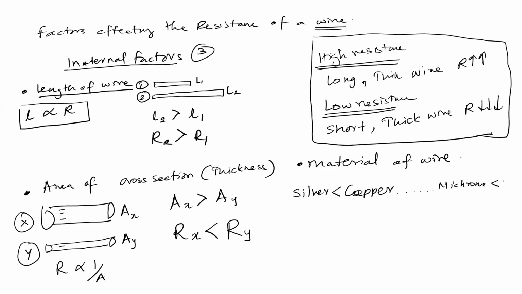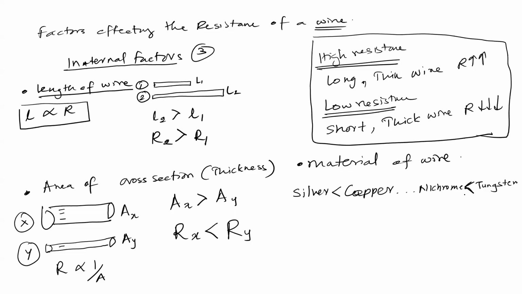Nichrome and tungsten are high resistance. I'll write it here. So in our syllabus, the highest resistance metals are nichrome and tungsten.